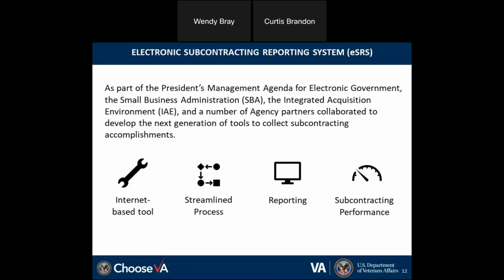When reviewing subcontracting reports, the individual subcontracting report collects the subcontract award data for a specific federal government agency.